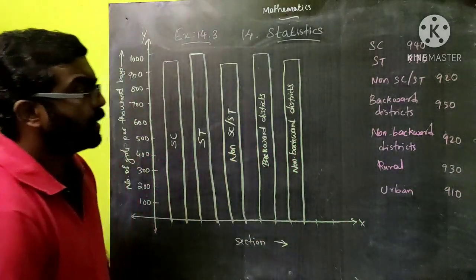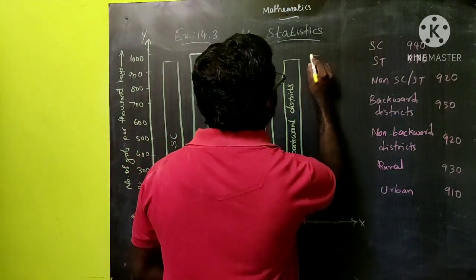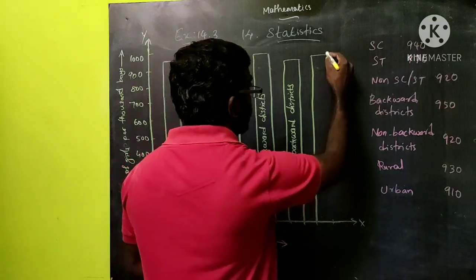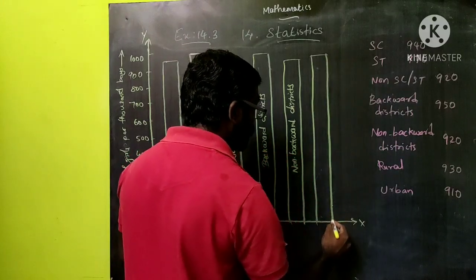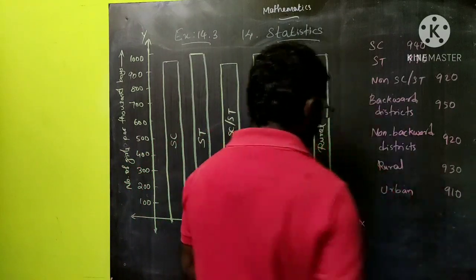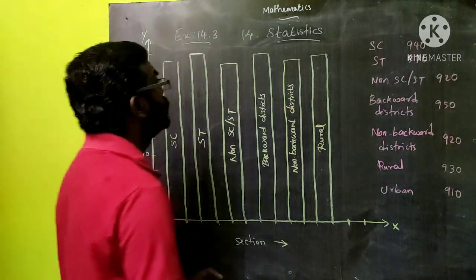Then rural 930. And the last one, urban 910.